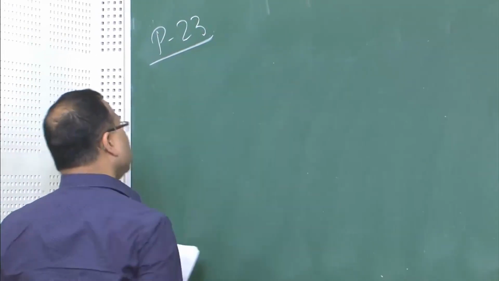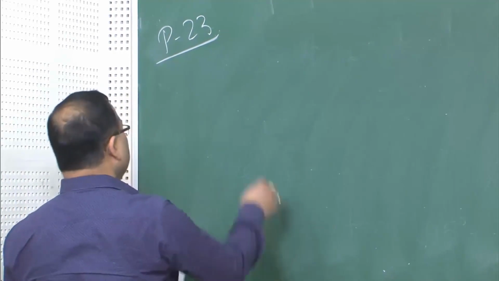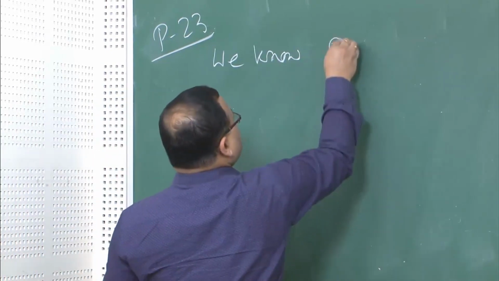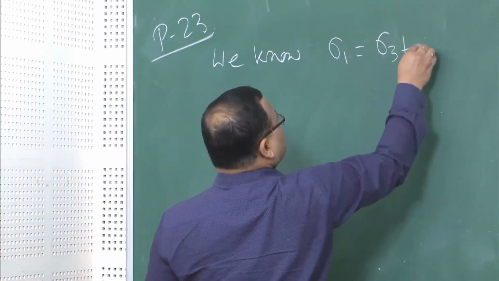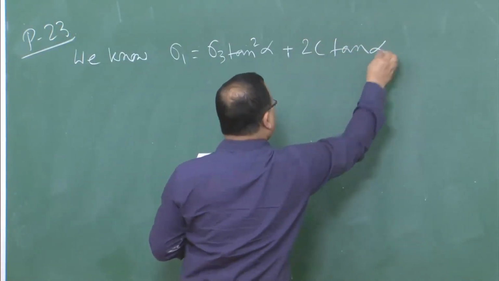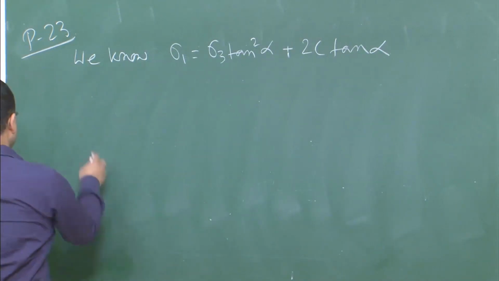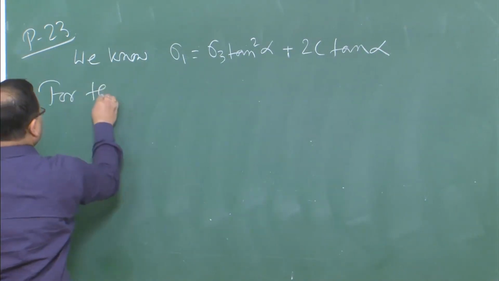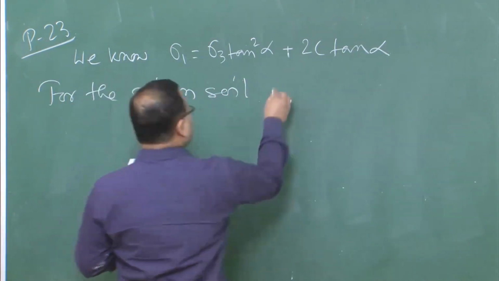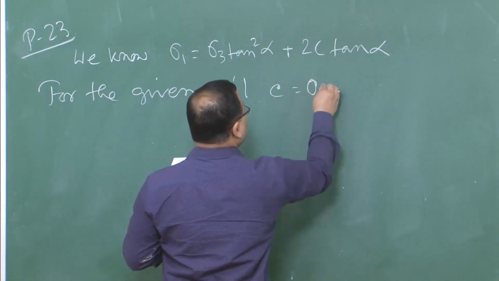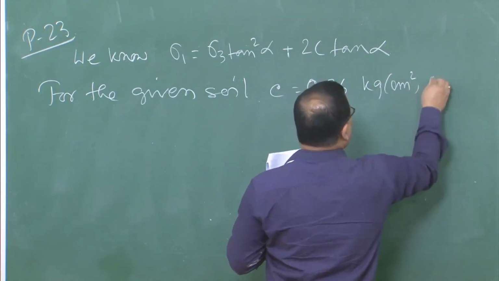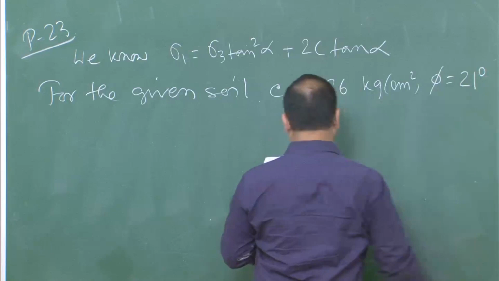So, now again this is a pretty simple problem, already we have solved. So, we know sigma 1 equal to sigma 3 tan square alpha plus 2c tan alpha, right, for the given soil. C equal to 0.26 kg per centimeter square and phi equal to 21 degree.